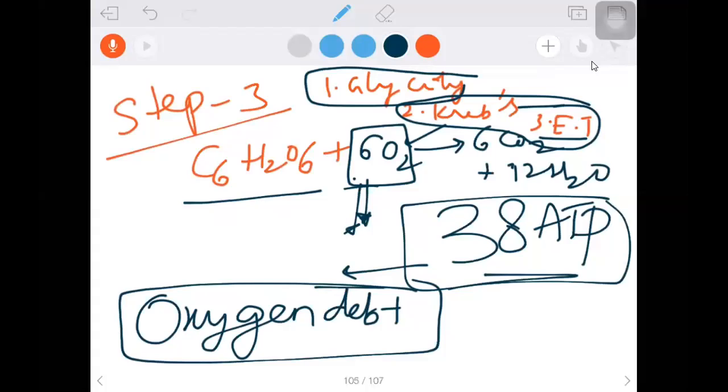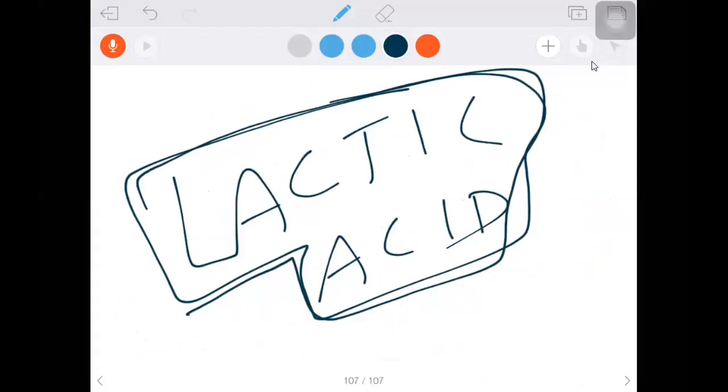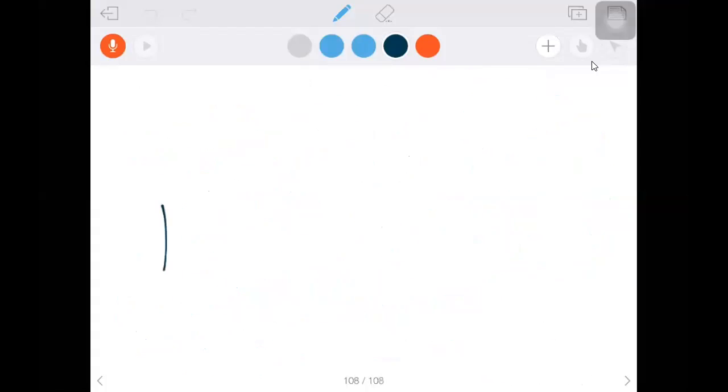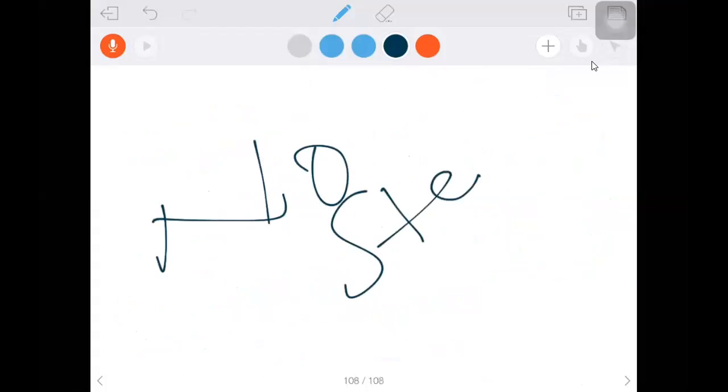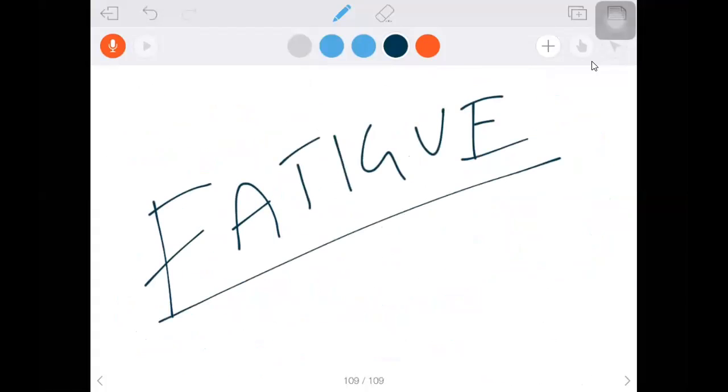When oxygen demand increases, without oxygen we try to produce energy, and in that case pyruvic acid is formed, then lactic acid, then what? There is no step after this. That means simply we say fatigue. You'll collapse by accumulation of lactic acid, so we should take rest now.